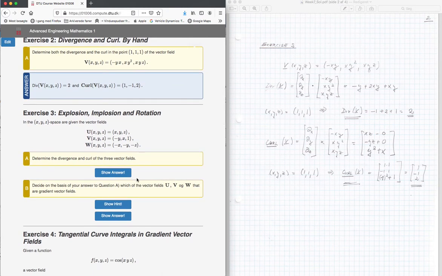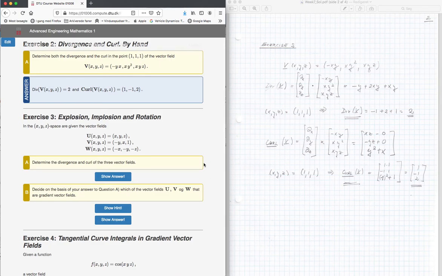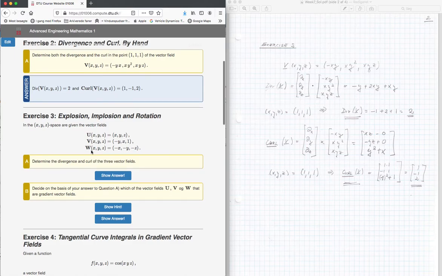Now, in the third exercise, you're looking at 3 different vector fields. The first one is what is called the explosion vector field. The vector field is directed in the same direction as the coordinates to the point and equal in magnitude.